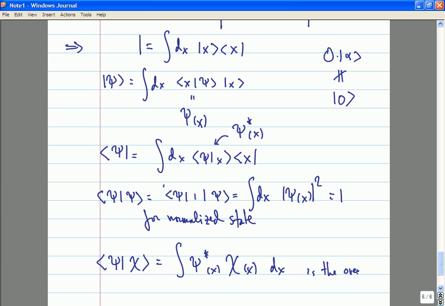It's called overlap because if you were to literally draw these wave functions, let's assume they're real for a minute. If you were to physically draw these wave functions as a function of x, then this integral of psi times chi that I'm writing here would be literally something closely related to a measure of the amount of overlap those two graphs have with one another.